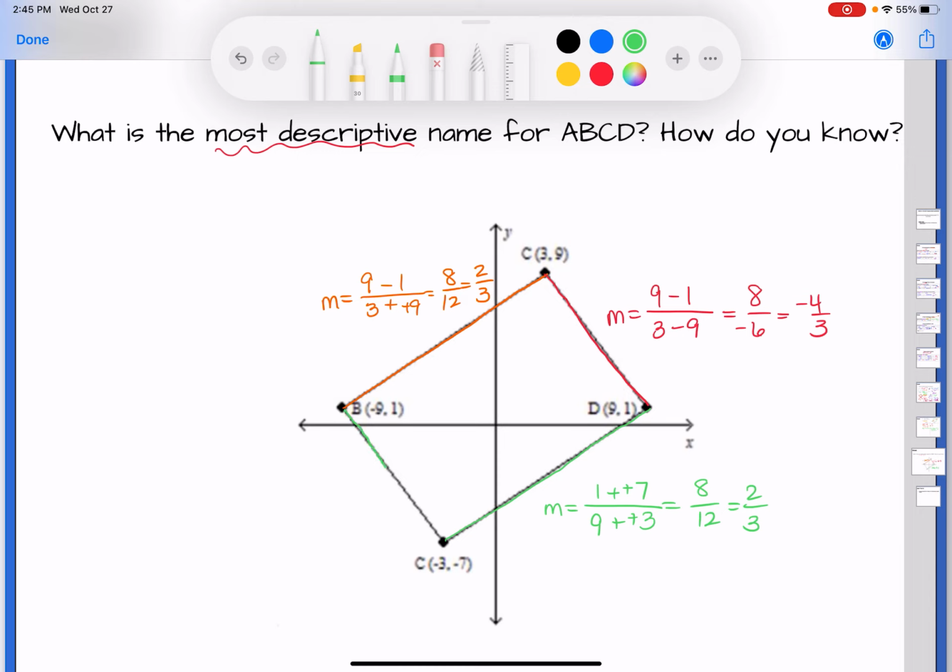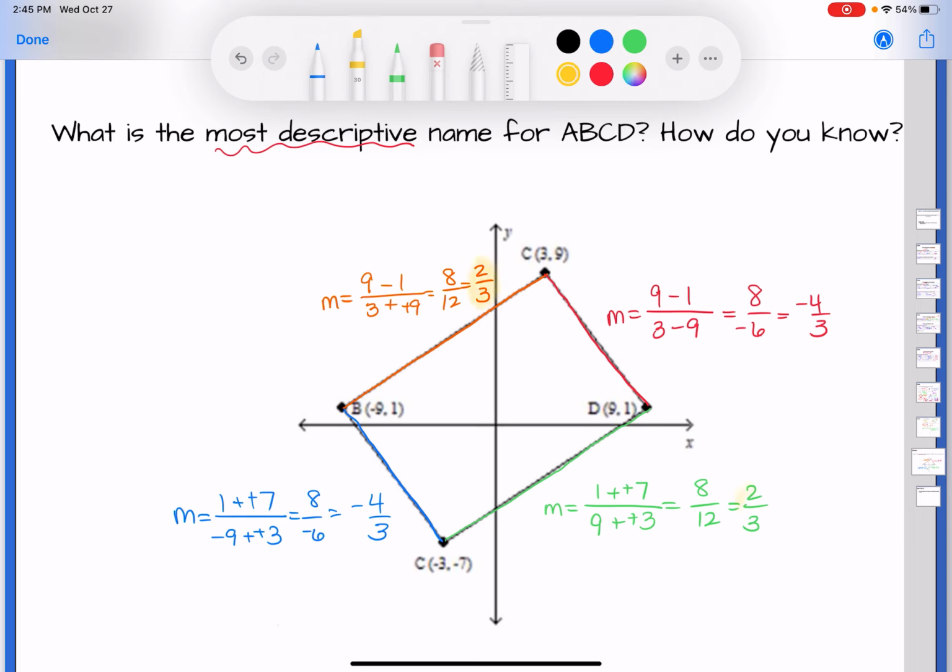Interesting. And my final side, over here, I would have 1 minus negative 7 over negative 9 minus negative 3. 8 over negative 6, which gives me negative 4/3. Ooh, okay. Take a look.